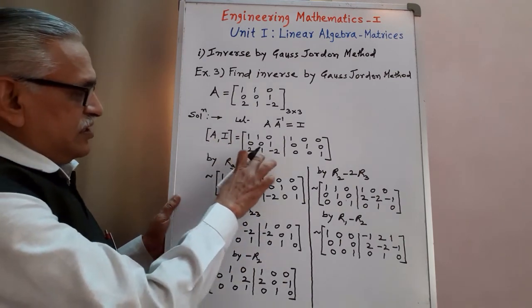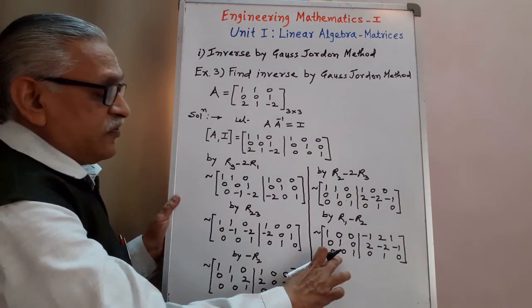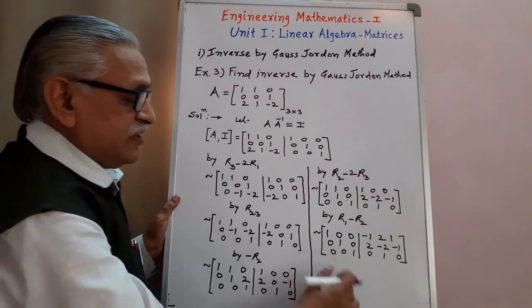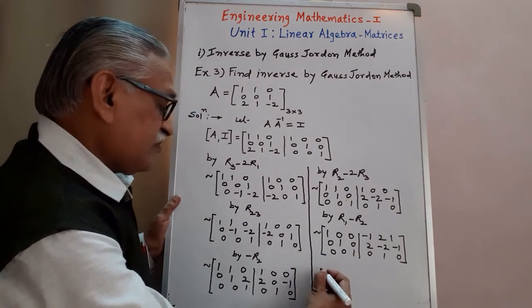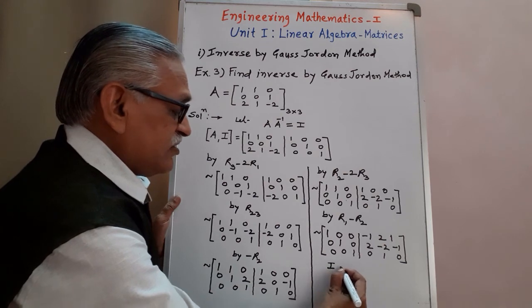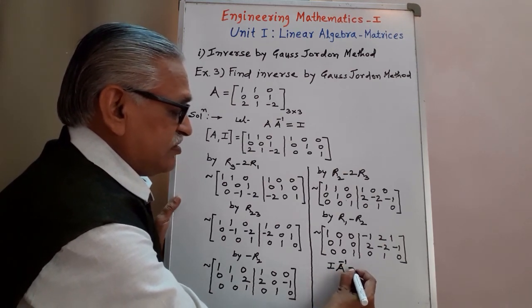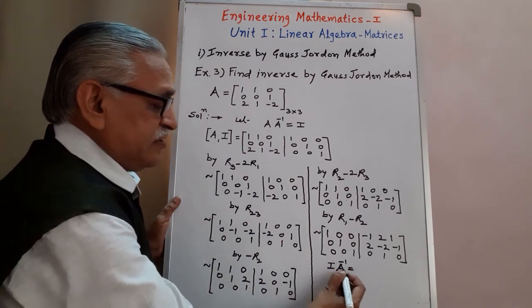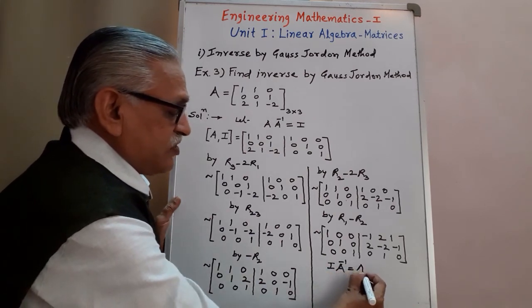Therefore, the given matrix A is converted to the identity matrix. Therefore, we use this: the identity matrix multiplied by A inverse gives the same matrix, that is A inverse.